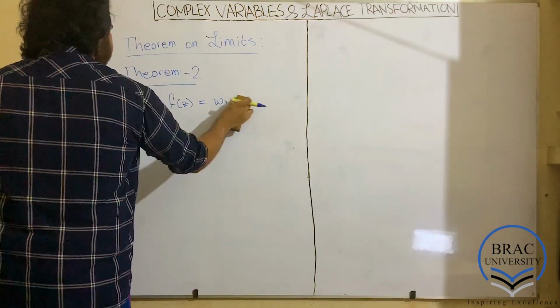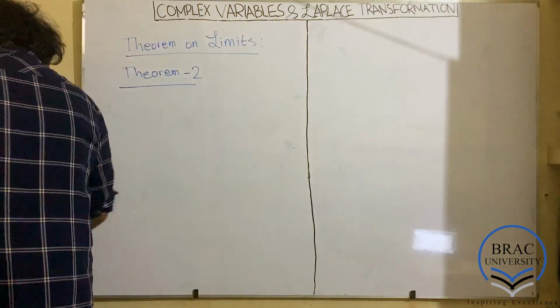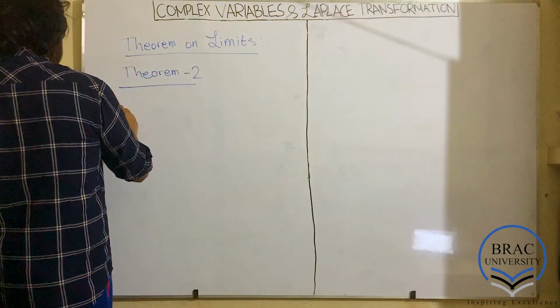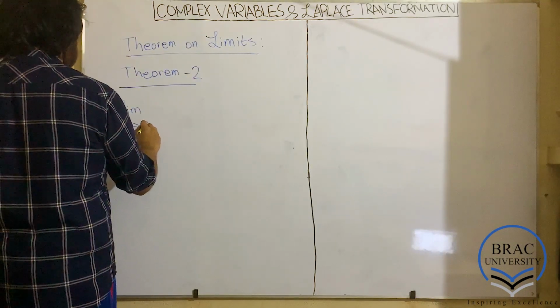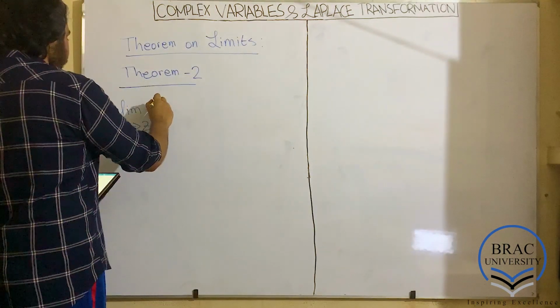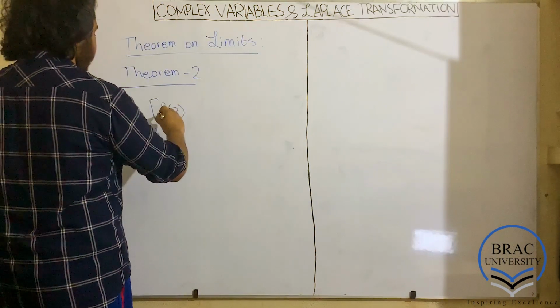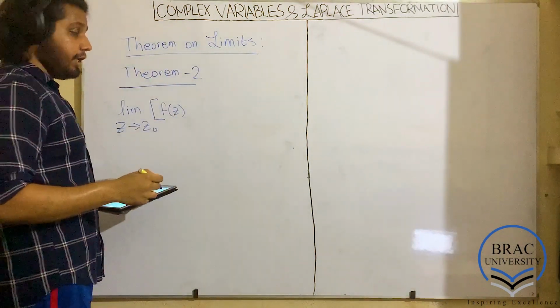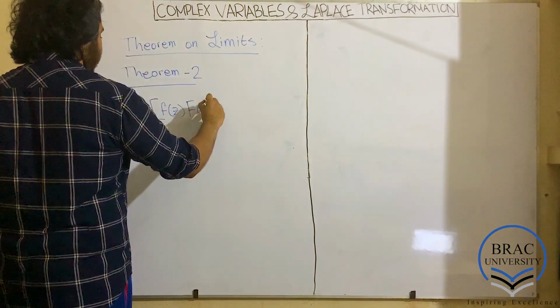Let's show another aspect of the theorem, as in taking the limit as z tends to z naught of two functions multiplied with each other. Here f is a function as we've described before, and capital F is a different function taking the same input z.